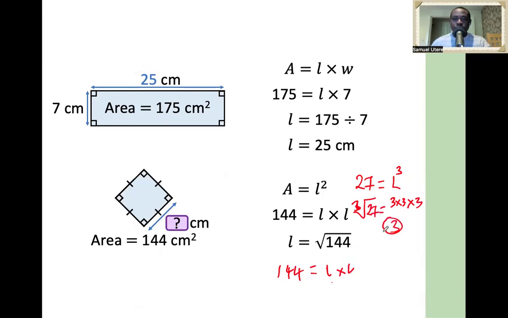So the square root of 144 is 12, because I can multiply 12 by itself twice to get the number 144. So I really want you to pay attention to this because it's a very important skill in maths. Let's move on.